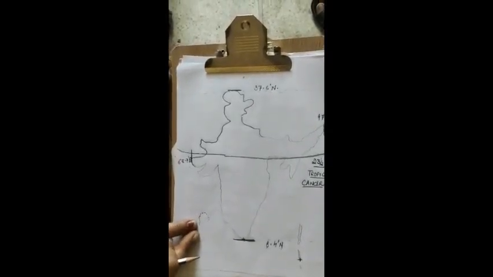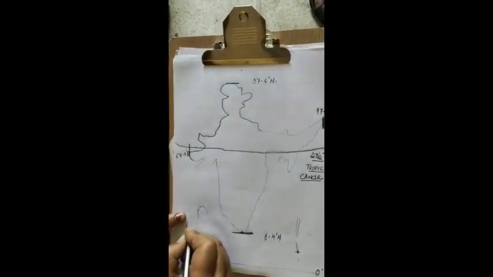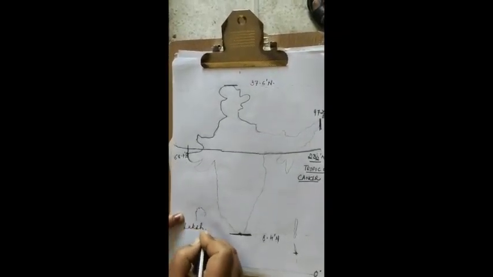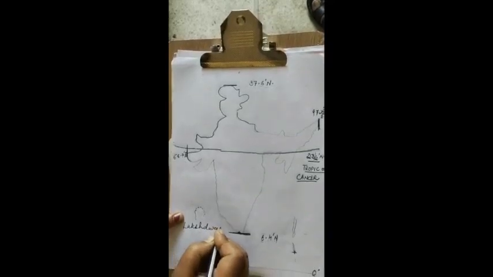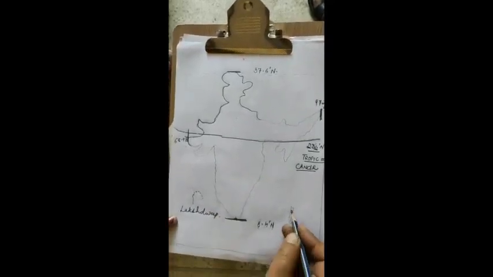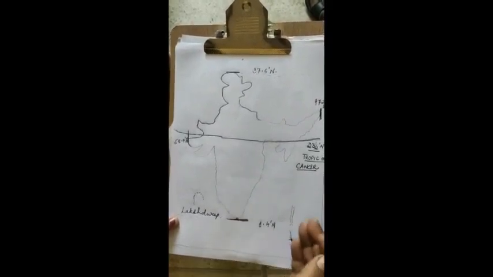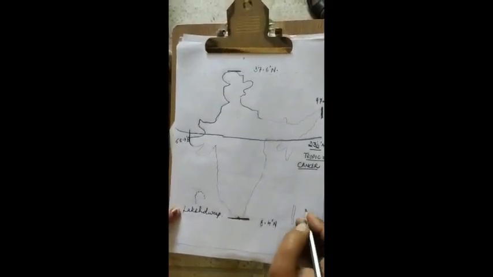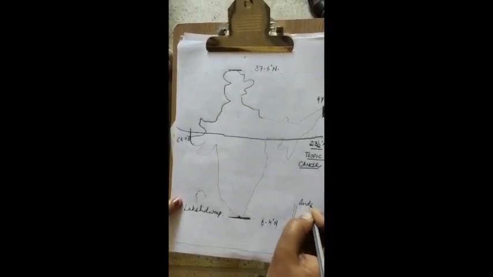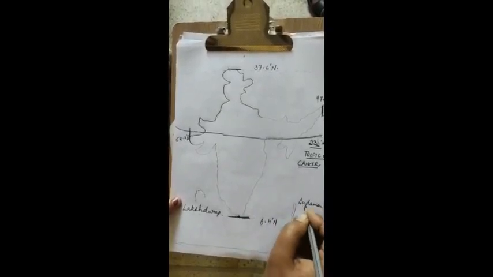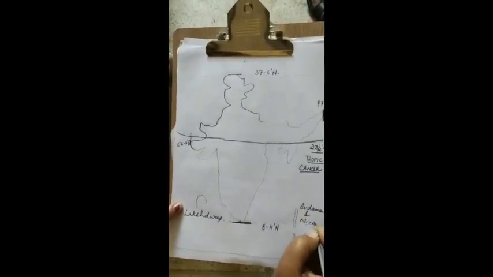You can see over here, these are the Lakshadweep Islands. And you can also see one group of islands on the east of India, out of the main boundary, and this is the Andaman and Nicobar Islands.